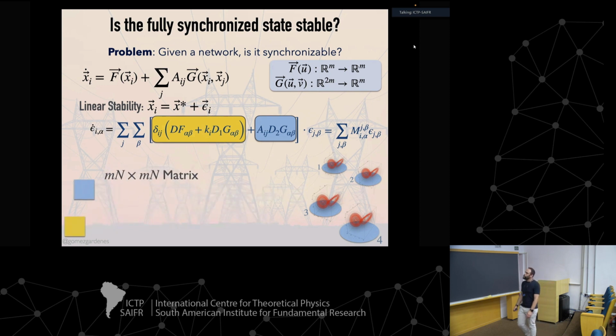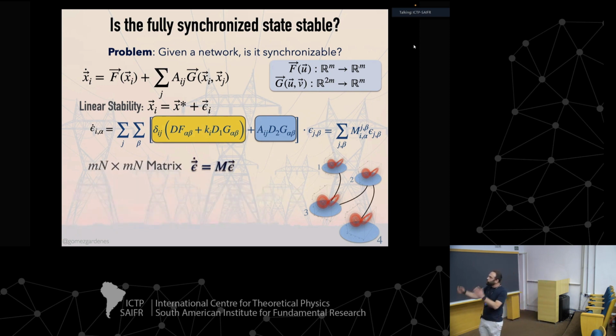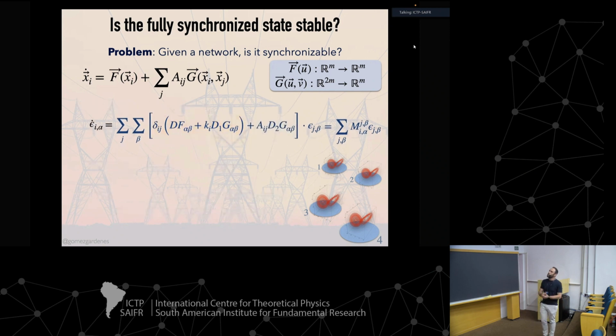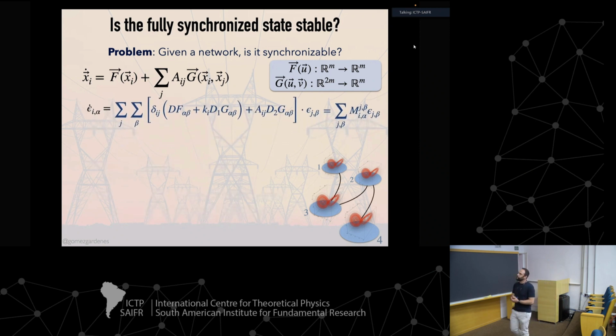If we cannot, we have to just evaluate the eigenvalues of M, which are m times n eigenvalues, and check if all these eigenvalues have negative real part. If all the eigenvalues have negative real part, then I can say that this fixed point is stable. Otherwise, it's unstable. But again, this is not what I want. What I want to do is something easier. So let's go to some special cases.